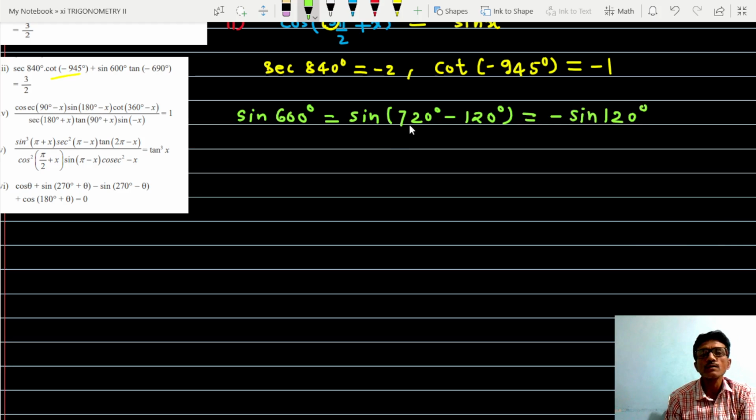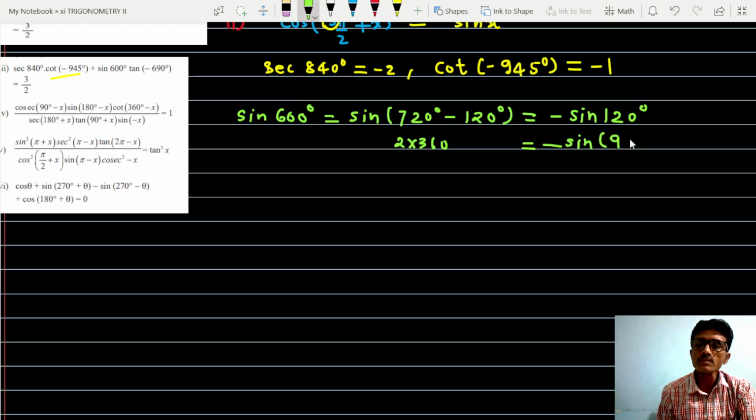How? It is 2 times 360 degree plus or minus theta. If it is minus theta, then sine will be minus sine theta. And here it is minus sine of 120 degree, 90 plus 30 degree. Sine will change to cos and it is in the second quadrant.